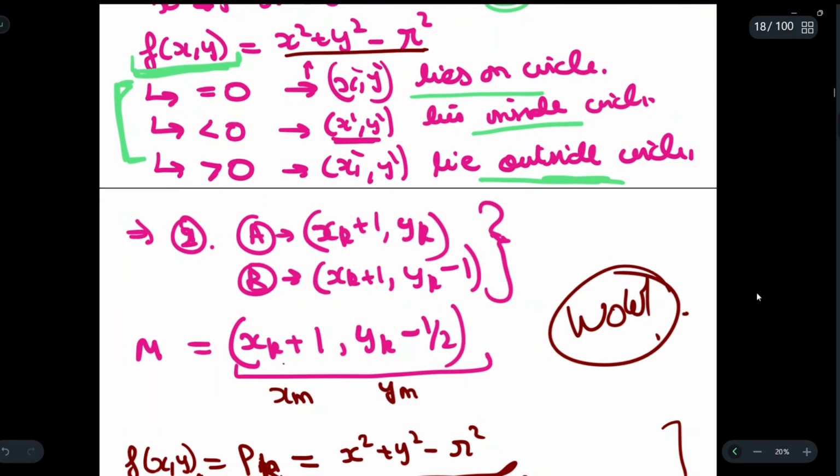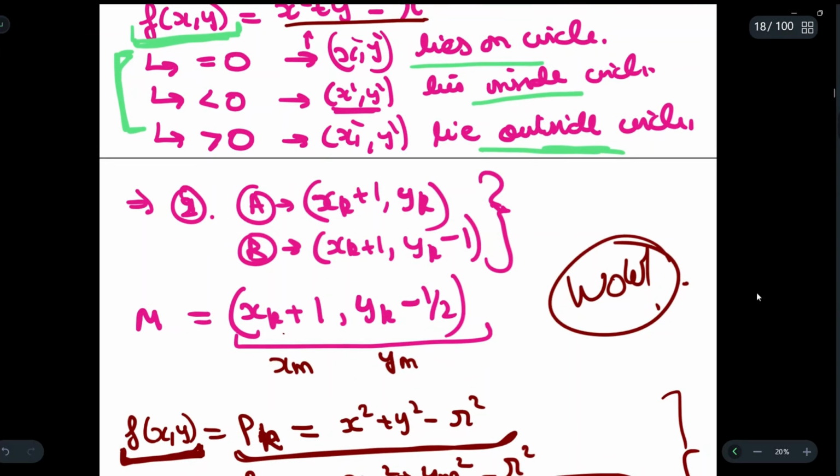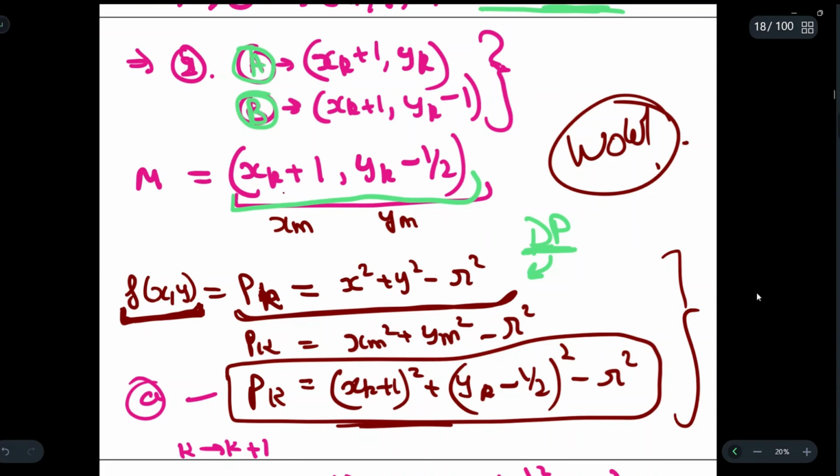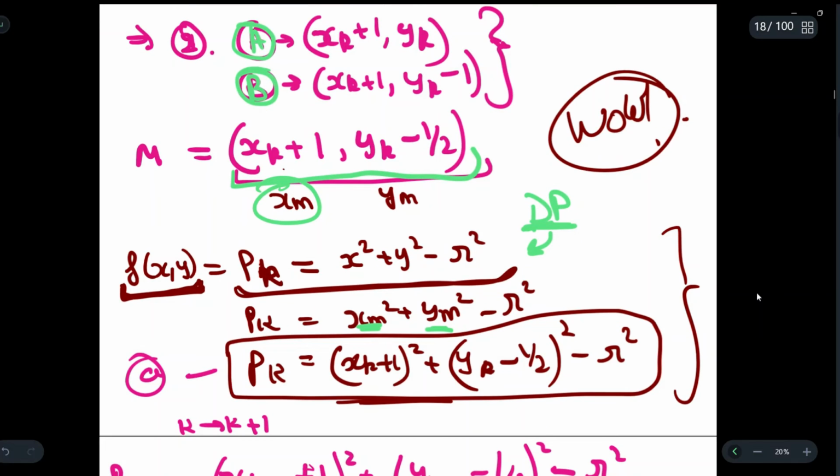Then secondly, we found out the midpoints of these 2 points, A and B, that we had considered earlier, which came out to be this. And then we wrote the decision parameter, in which we wrote the values of xm and ym. And on doing so we got the equation as this.